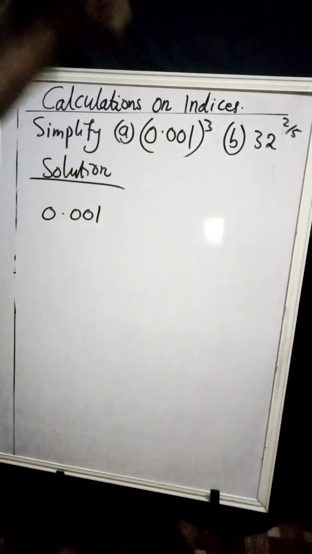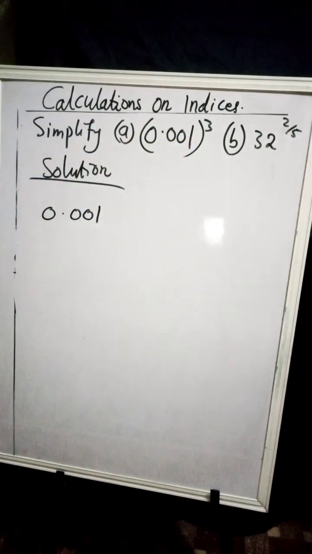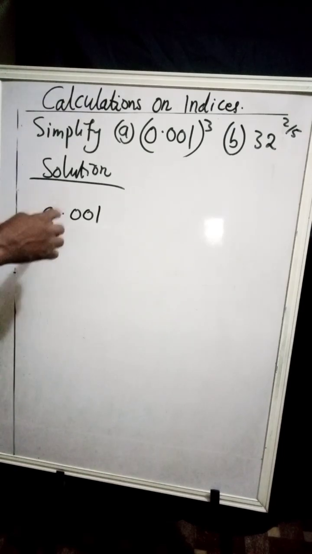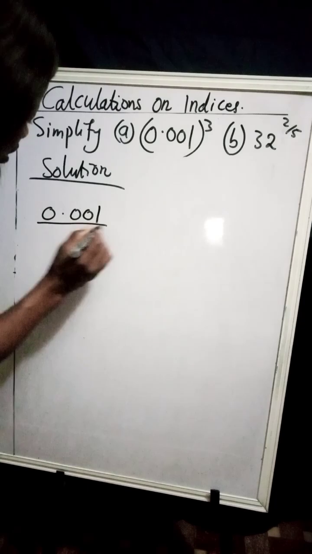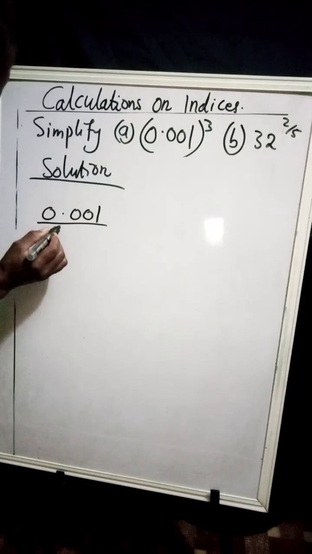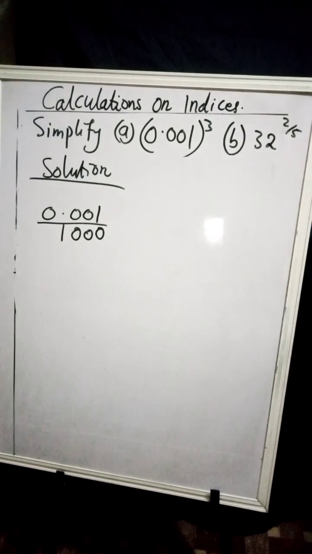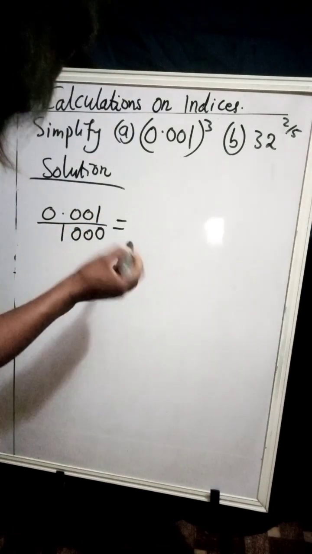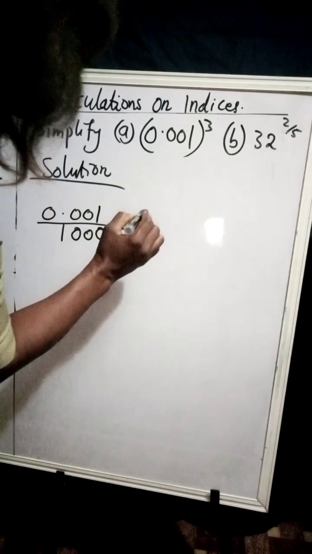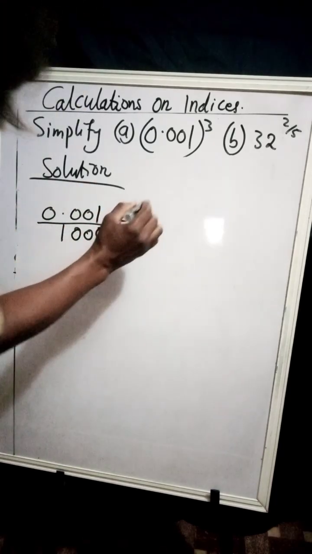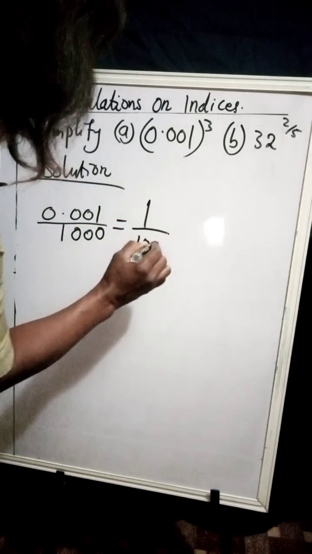Let's look at the first question. The first thing I have to do is to remove this decimal. And how will I remove the decimal? At the point of the decimal, I will write 1. Every other figure will be replaced by 0. Because I have removed the decimal, I will have 1 over 1000.